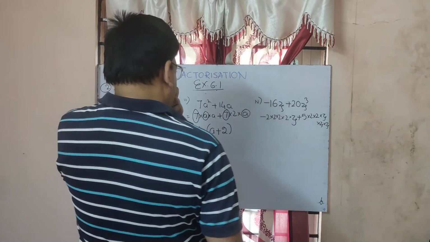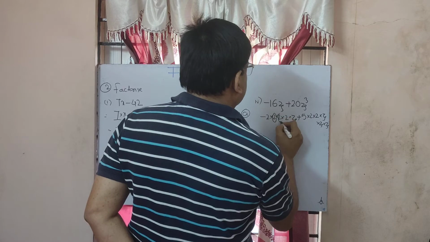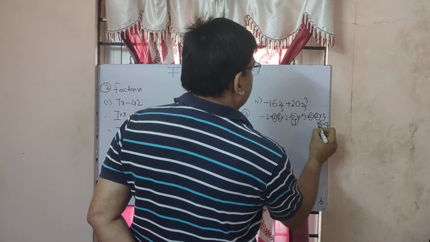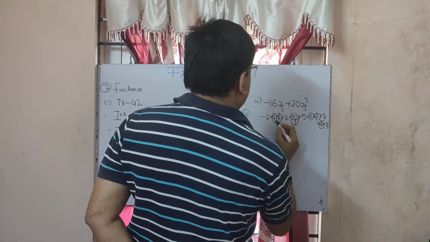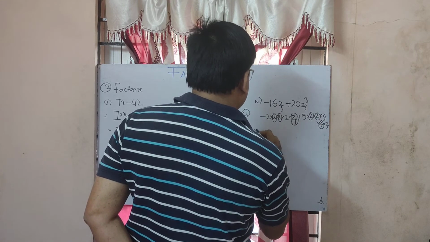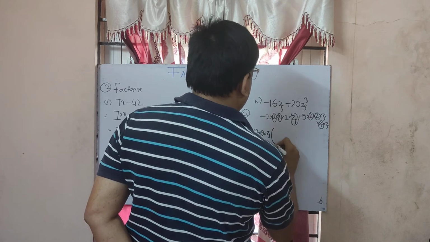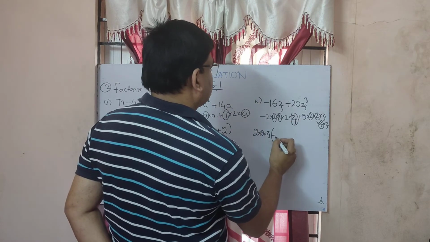Now common. 2 into 2 into z is the common. So what is remaining here? Minus 2 into minus 2 is how much?